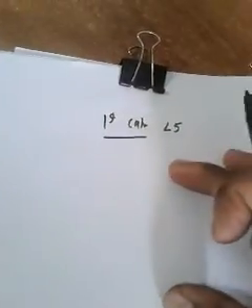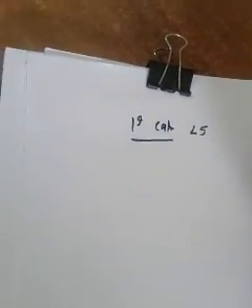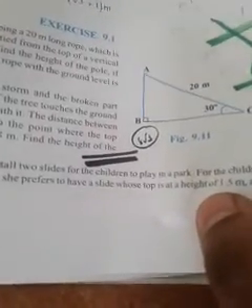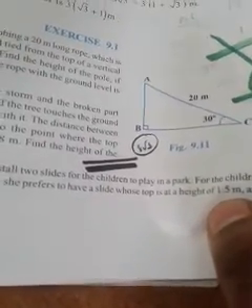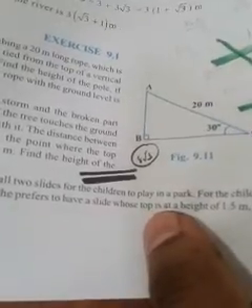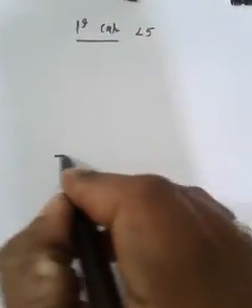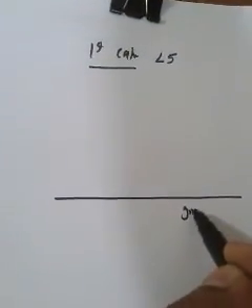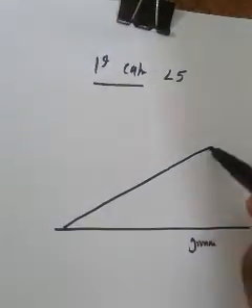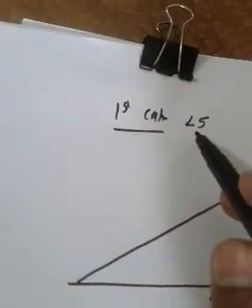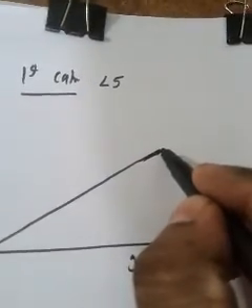So she has to decrease the height of the slide, and the height of the slide for the first category is given: that slide height should be 1.5 meter only. She has to construct a slide whose top is at a height of 1.5 meter. Suppose this is the ground, and this is the slide for the less than 5 years category, and this is the top of the slide.